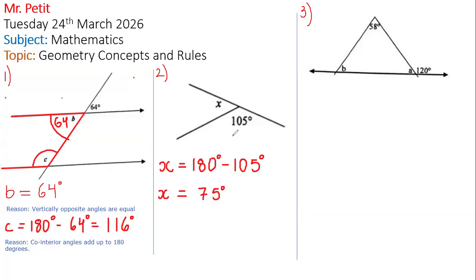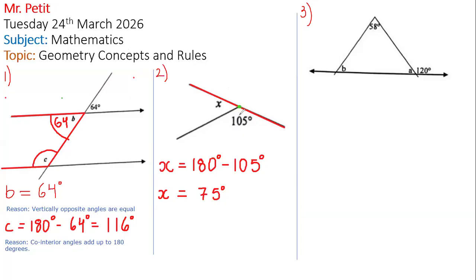So Leah, what rule have we used for this? Angles on a straight line add up to 180. Very good. Angles on a straight line at a common point add up to 180 degrees. Andrew, can you hear me? Are you there? Yeah, sir, I'm here.